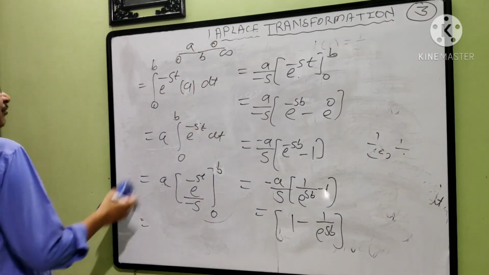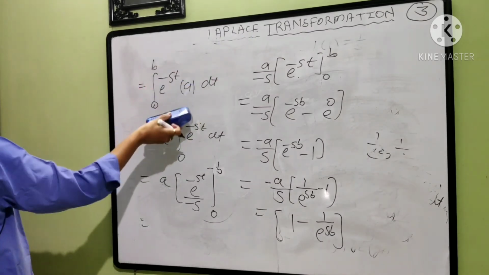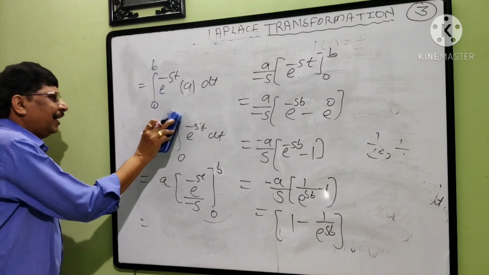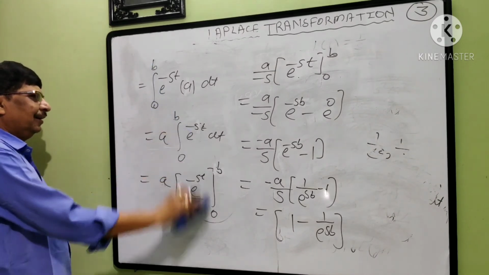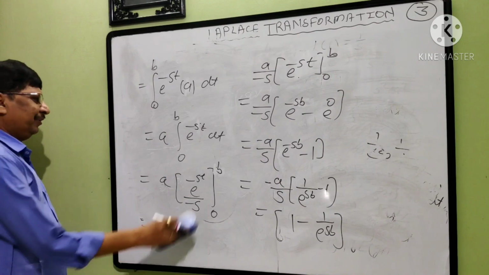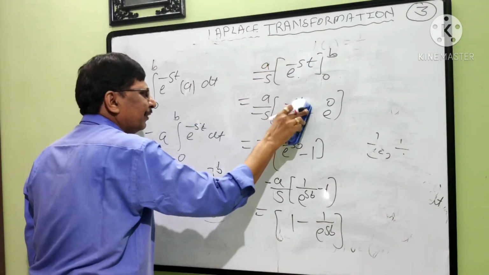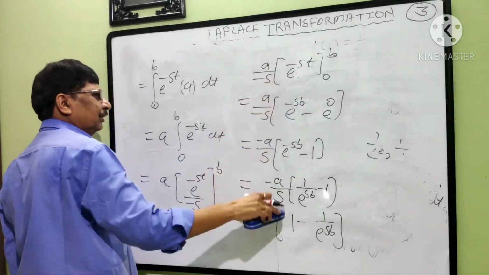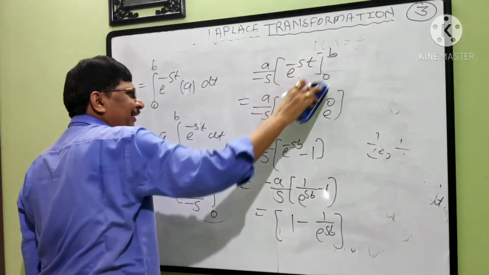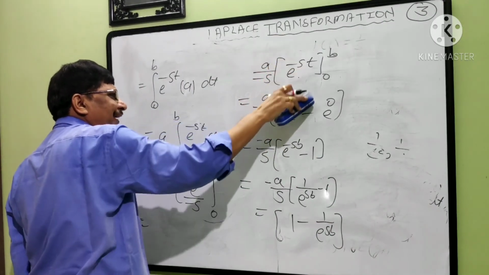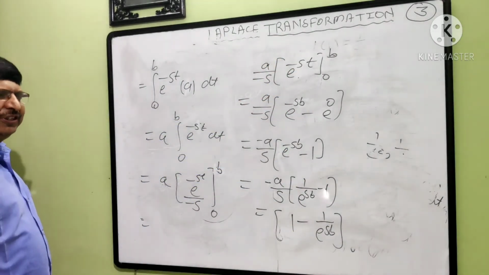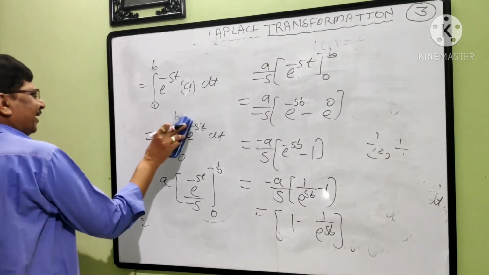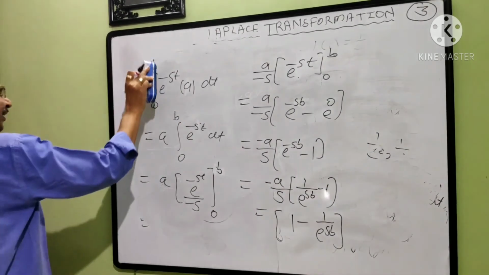So the limit here is b, not infinity. If it were infinity it would become 0 minus 1, but here it is b, so substitute t as b. Is it clear? By mistake I had written infinity here; it is b.